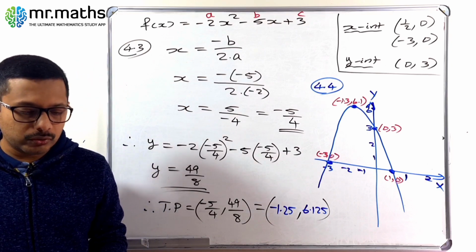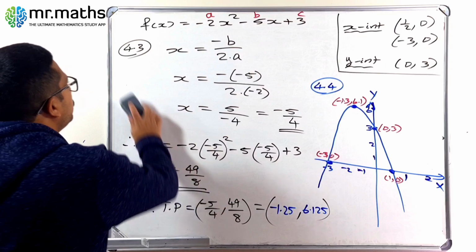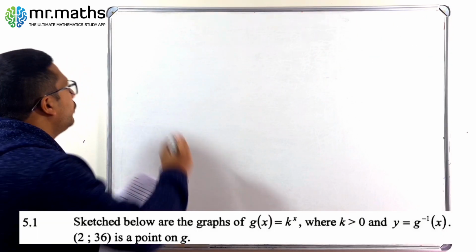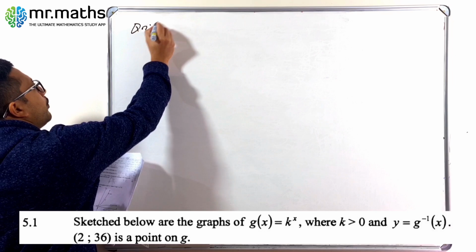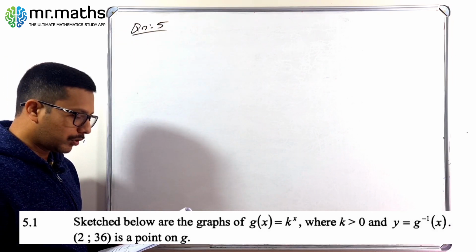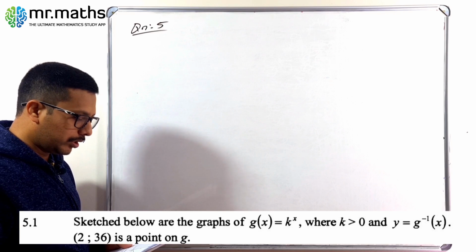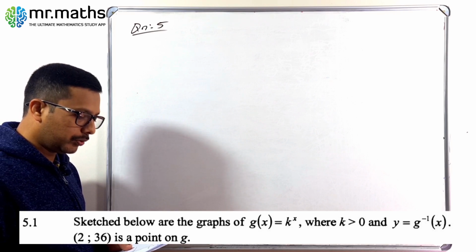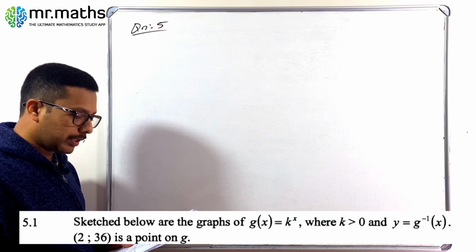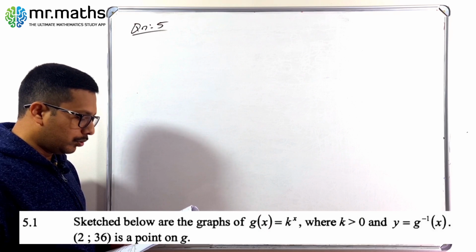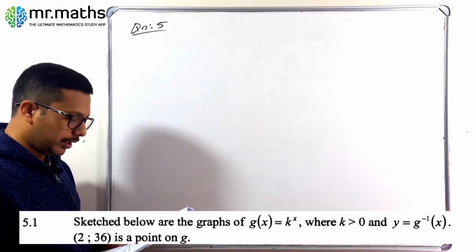Now we have to go to question number 5. What is that question? Sketched below are the graphs of g of x is equal to k raised to x, where k is greater than 0, and y is equal to g inverse of x. (2, 3) is a point on g.